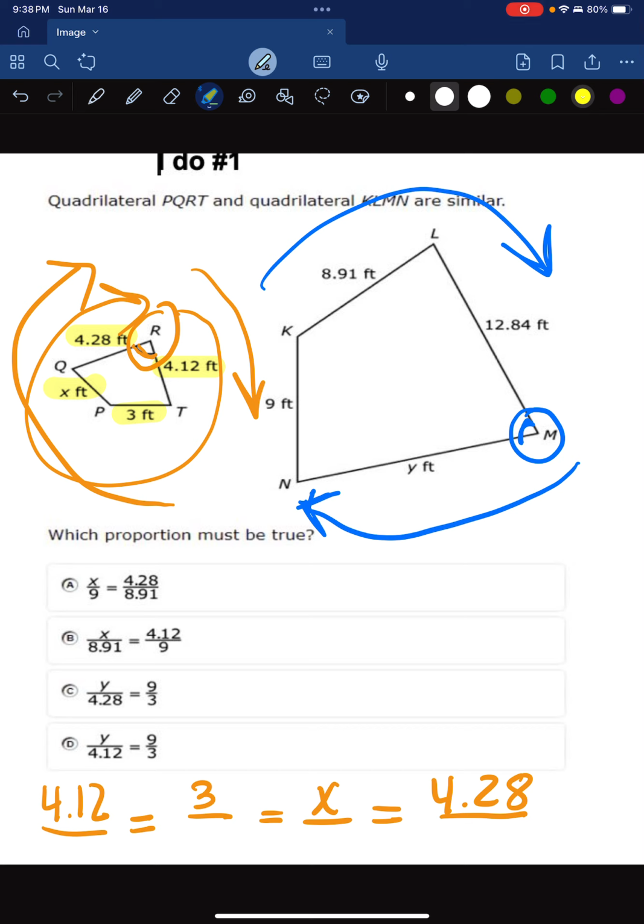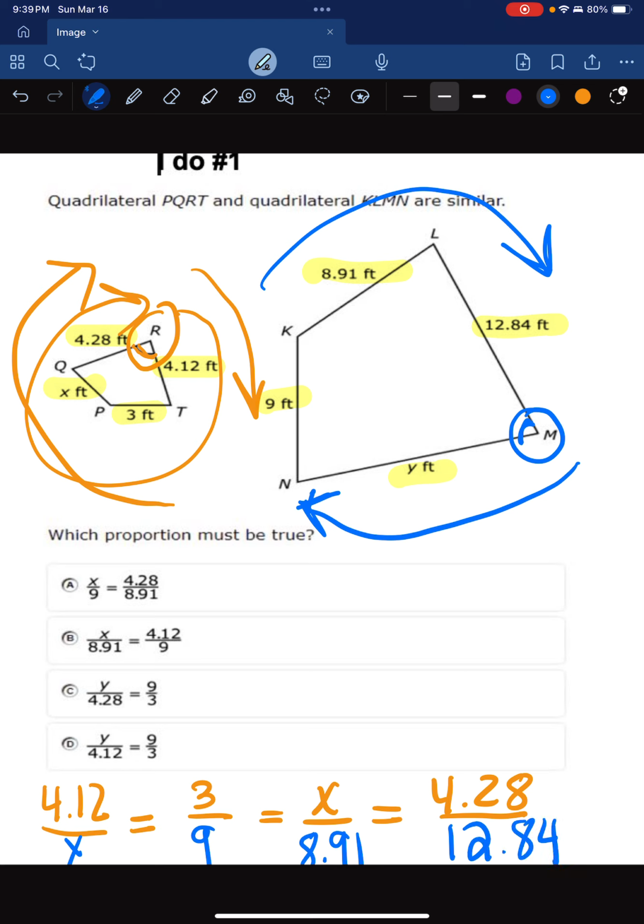Okay, so I'm going to write all of those numbers as my denominators in the proportions. So starting with y, 9, 8.91, and 12.84.